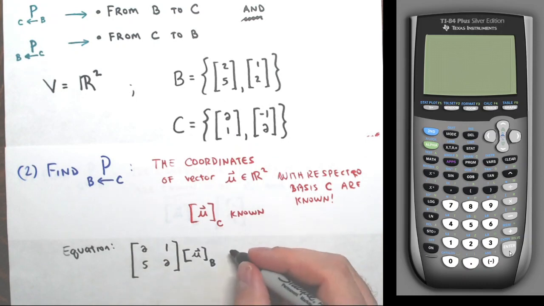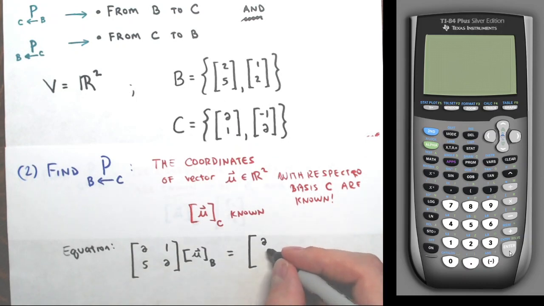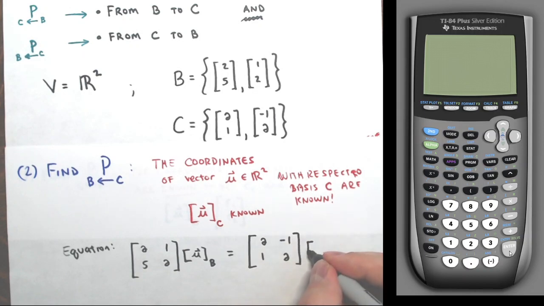Equal to the matrix with the columns 2, 1, negative 1, 2 times the coordinate matrix with respect to C. All right, and this time, again, this is known, and I'm trying to solve for this. Okay, and so it's the other way around.